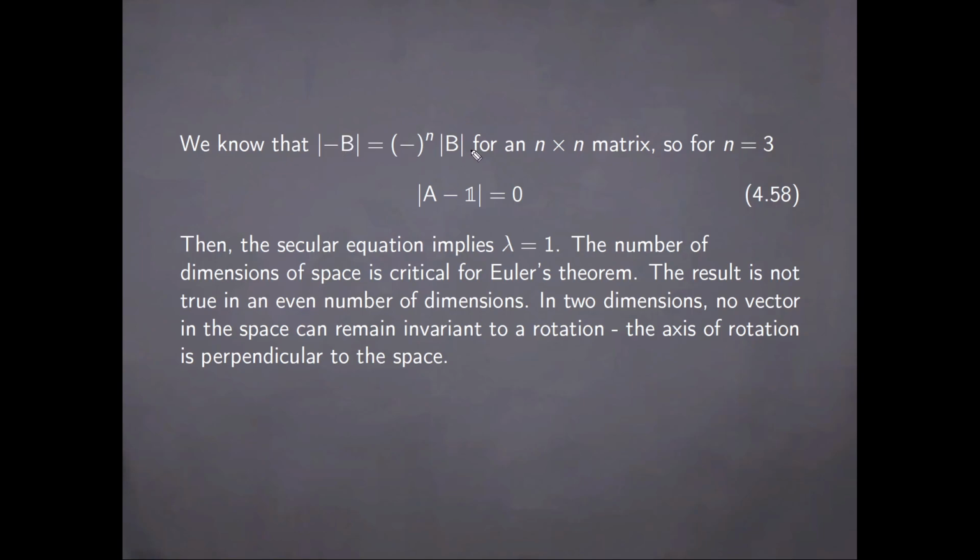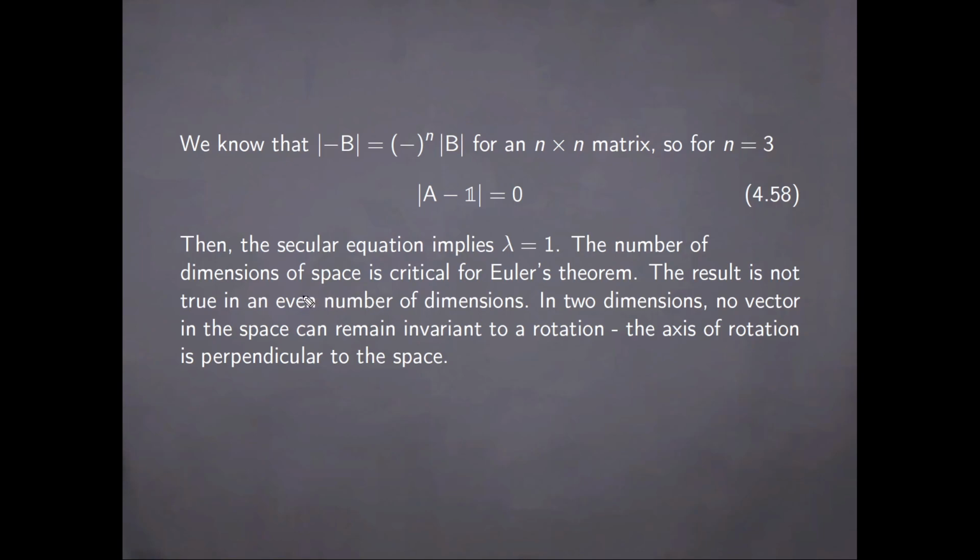So we have already proven this, and then it follows that in the case in which n is equal to 3, from the previous result we immediately obtain the formula here. So the secular equation implies immediately that lambda has to be equal to 1.